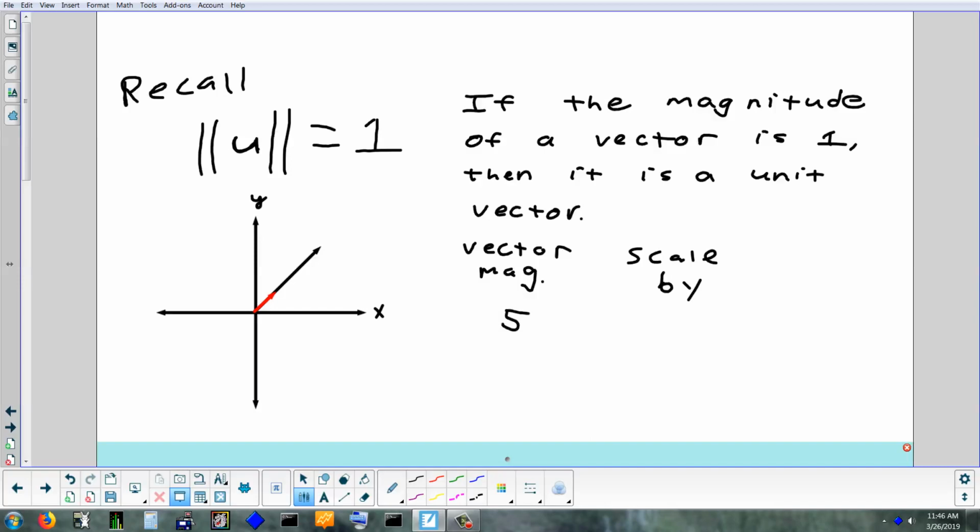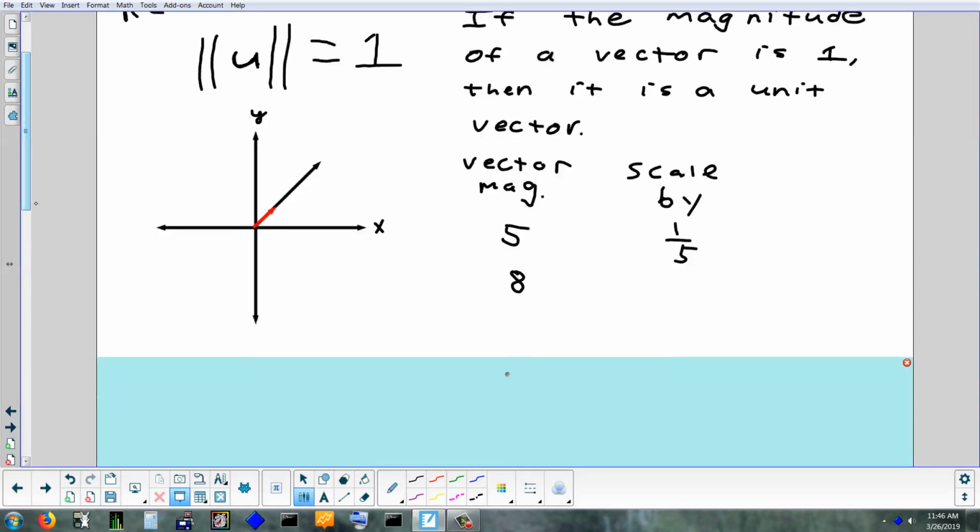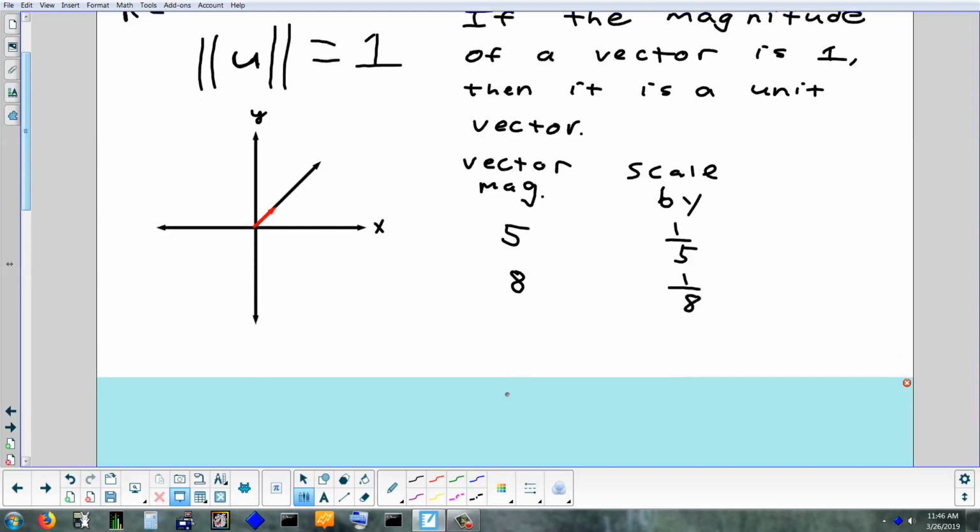So what could I scale 5 by to make it 1 unit long? 1/5. Okay. What if I had a vector 8 units long? What could I scale it by to make it 1 unit? 1/8. Okay.